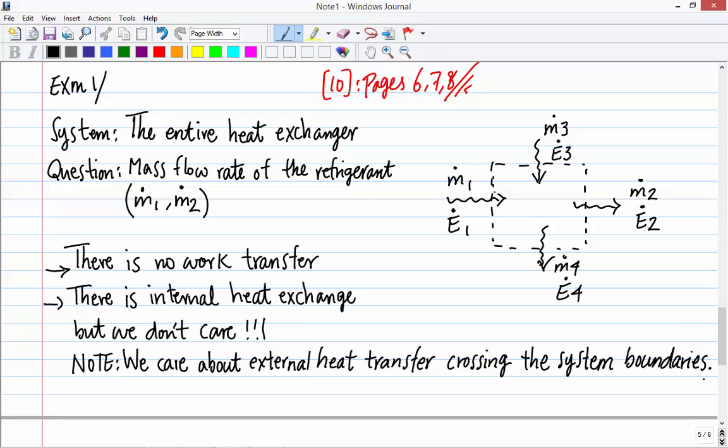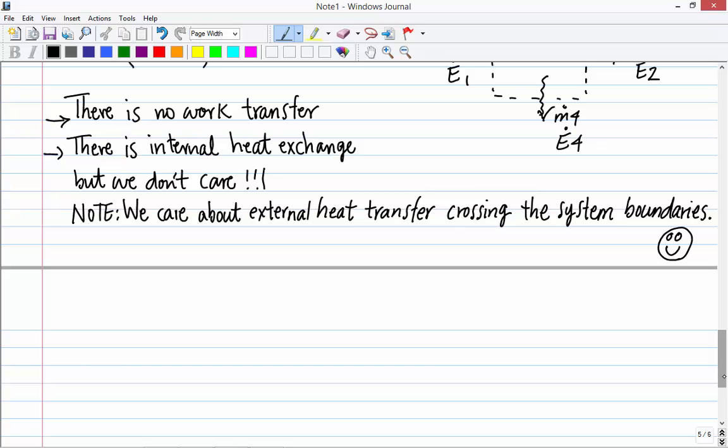Okay, and a happy face. This is what we care about. External heat exchange or external work.